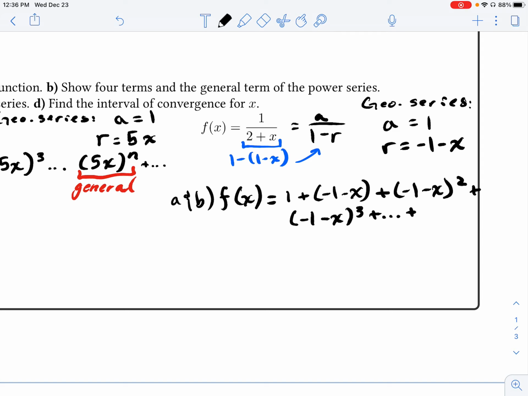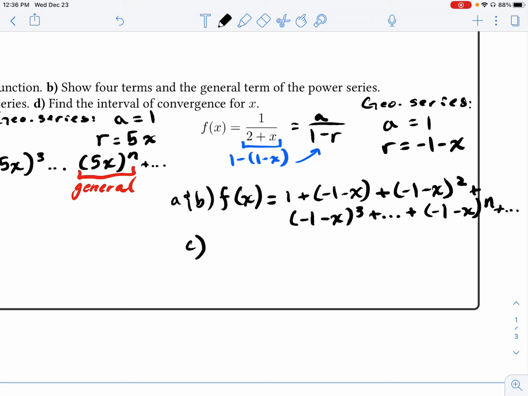We indicate that there are an infinite number of terms, and now we can write our general term as (negative 1 minus x) to the n. We always want to write those dots at the end to indicate that it is infinite.